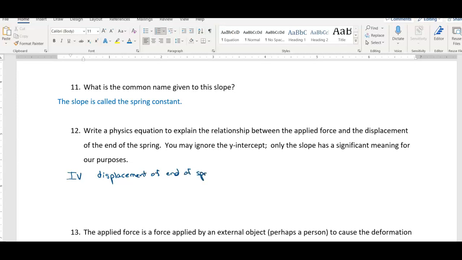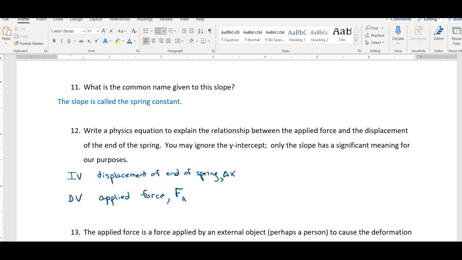If you remember back to Unit 2, a common symbol for displacement is delta x, the change in position. Our dependent variable is the applied force, which we typically call uppercase F for force with a subscript of A for applied. And so I want to write the equation of that line. That's what the physics equation is. It's the equation of the line.